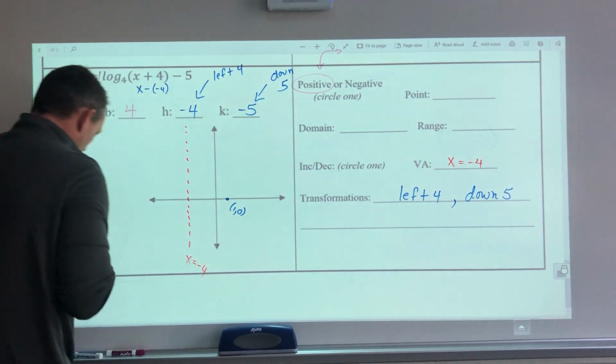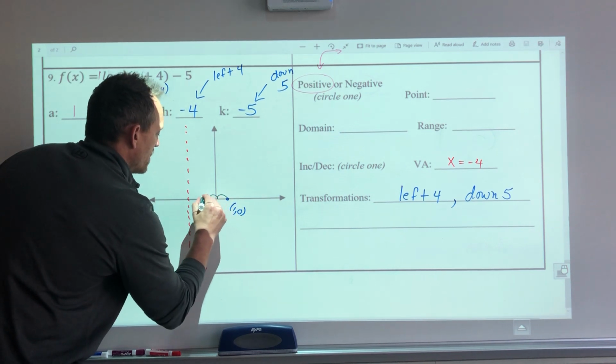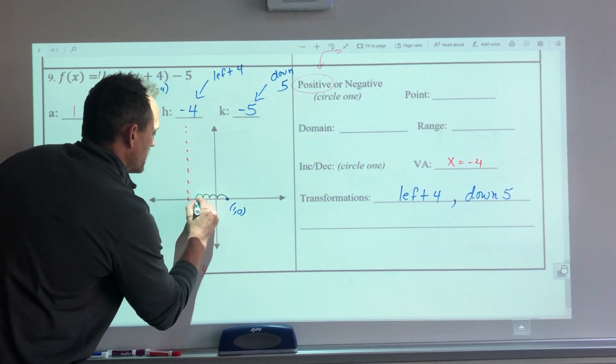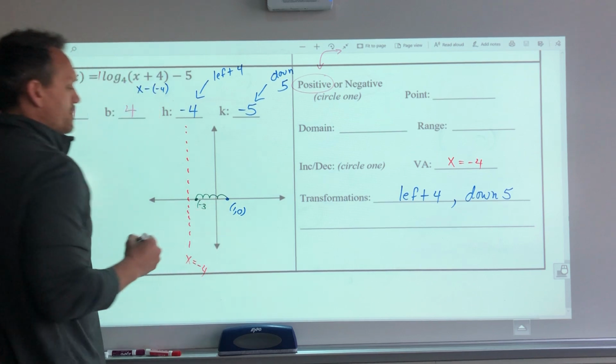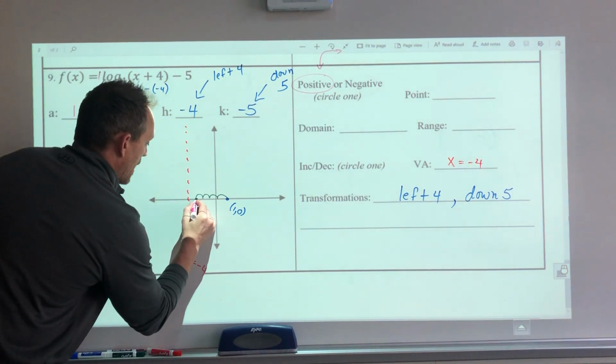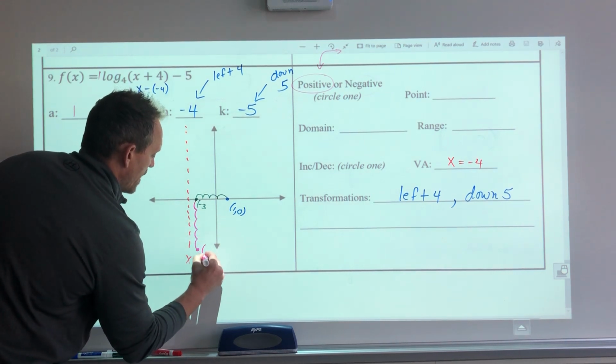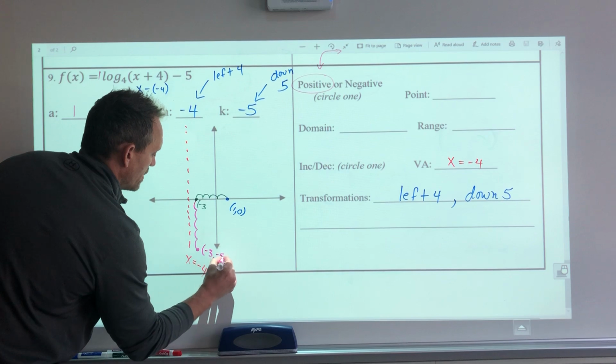Let me get a different color in here. 1, 2, 3, 4. That is at negative 3. And then I have to go down 5. 1, 2, 3, 4, 5. So now I'm at negative 3, negative 5.